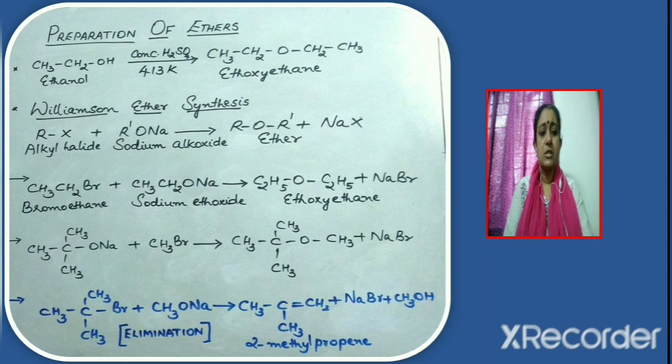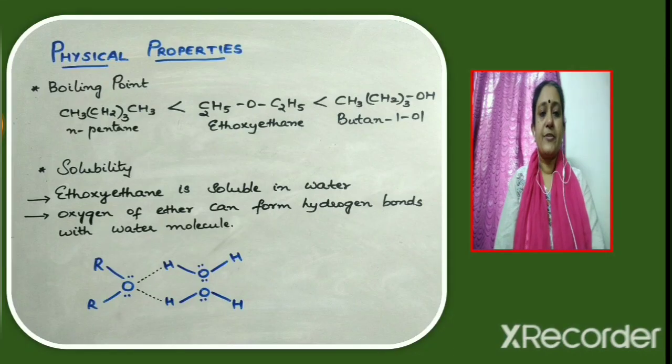This is because in the presence of sodium methoxide, elimination reaction is favored and it results in the formation of 2-methyl propene. So in order to prepare an ether which contains a tertiary alkyl group, the alkyl halide taken should be primary.